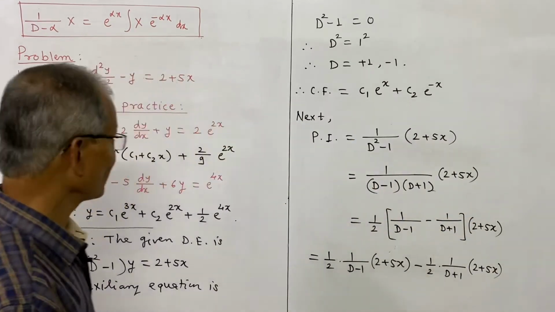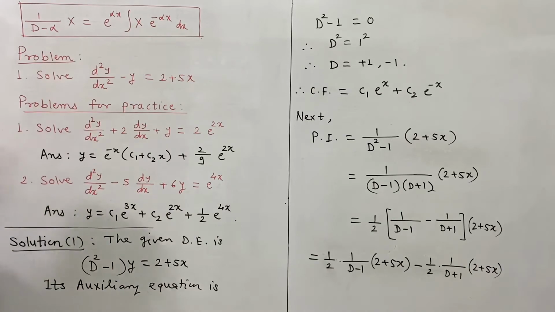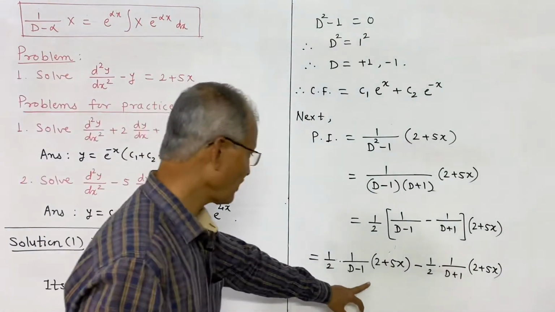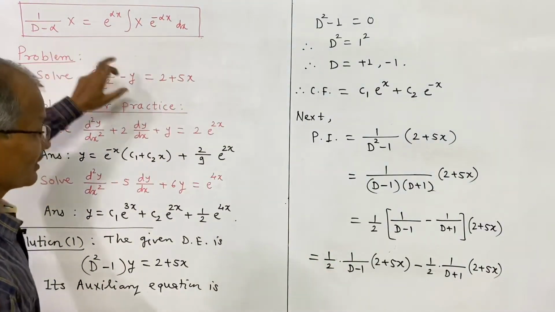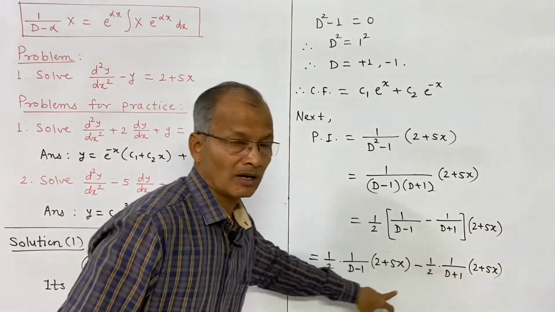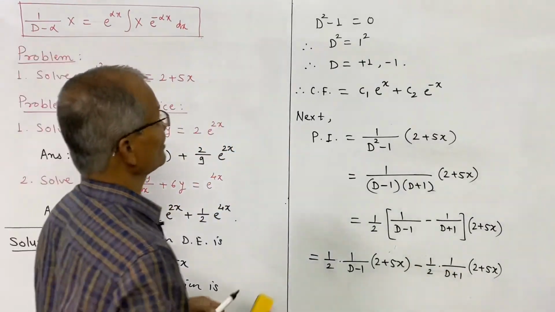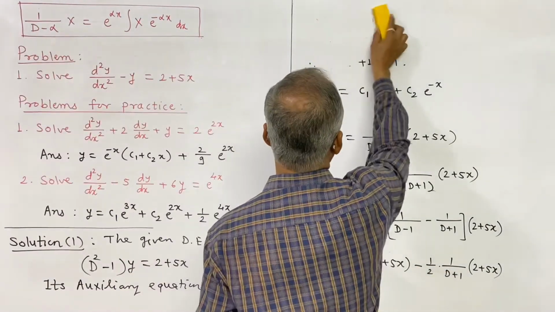So thus we have written this, and now we have to use the formula to write the value of each, and that is 1 by 2. So I shall continue writing here.